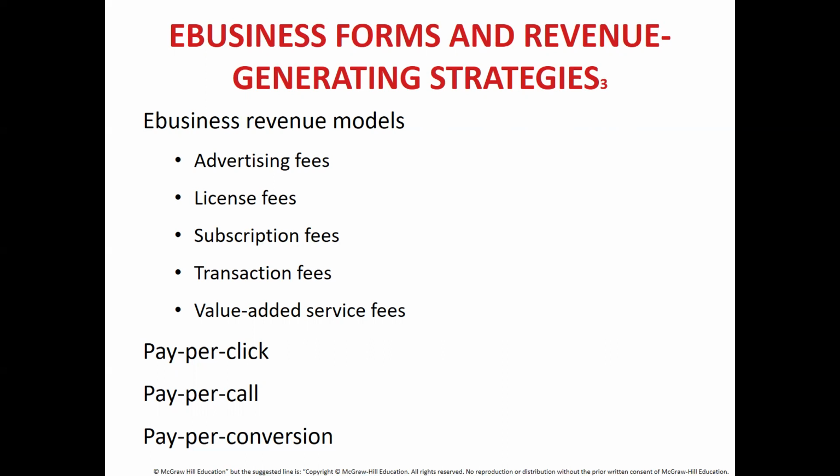And then you have pay by call. That means if you advertise a product and somebody calls regarding the product, you end up paying for it. You have pay for conversion. Pay per conversion simply means that if you have advertised a product, a customer comes, views the advertisement, then jumps into the original website and purchases that product, you are paid a specific amount. So conversion generally means customers viewing it and ending up buying the product.